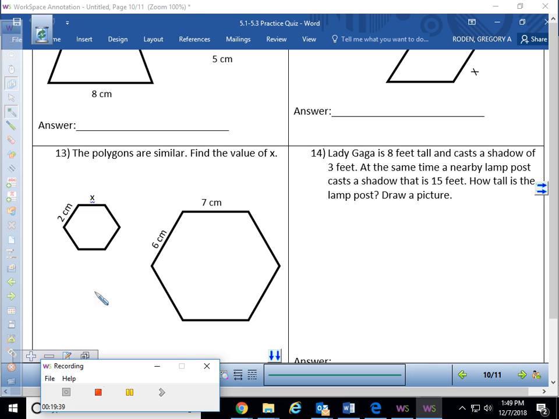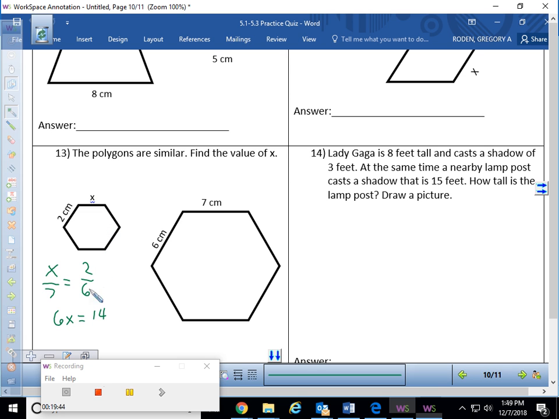Okay, so let's do this number 13 right here. So I'm going to choose x over 7 equals 2 over 6. And then I cross multiply, so I get 6x equals 14. And then what do I do after that?